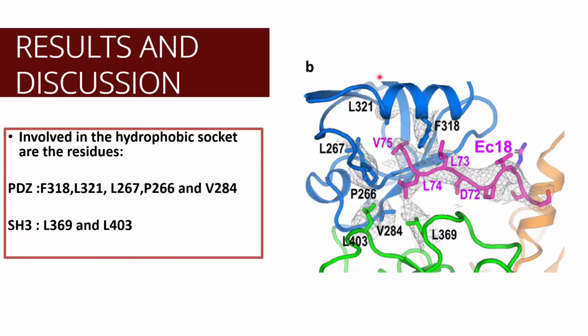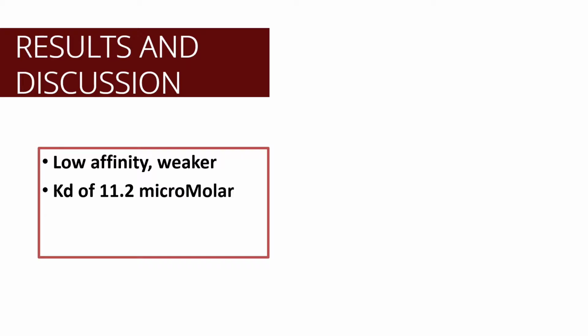In the SH3 domain, the involved residues are the leucine 403 and the leucine 369. The result from the MST analysis is that the PSG EC18 binding affinity is low, or weaker than the normal one, with a concentration of 11.2 micromolar.